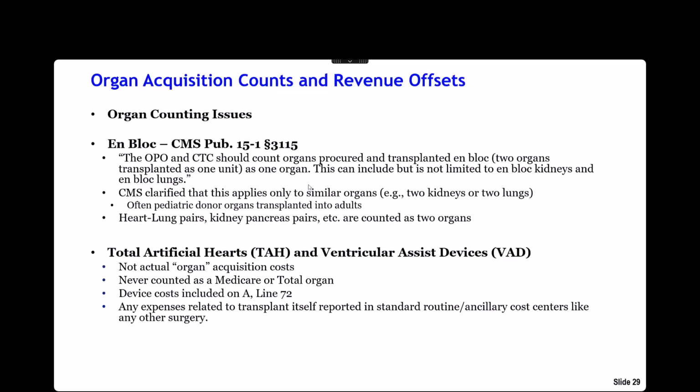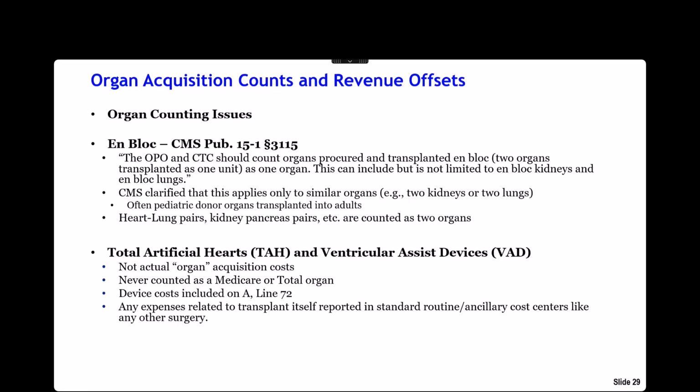Now, it sounds odd that that can happen. It quite often happens when there's a pediatric donor with obviously smaller organs that, each individual organ by nature, wouldn't be large enough to transplant into an adult. Now, of course, whenever there's an organ donor, the matching is what's important.